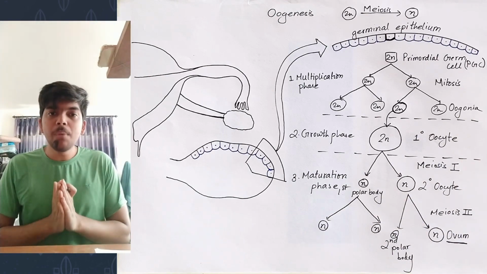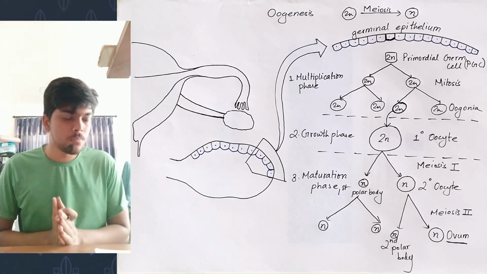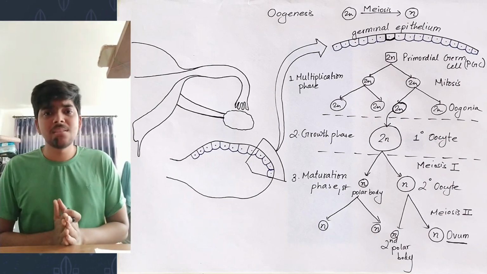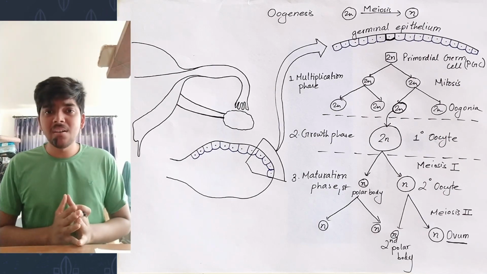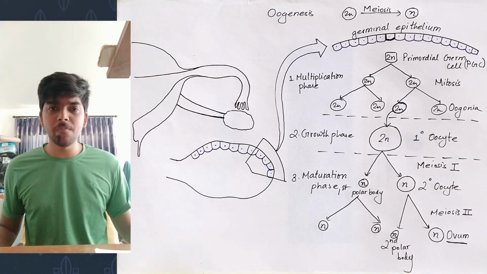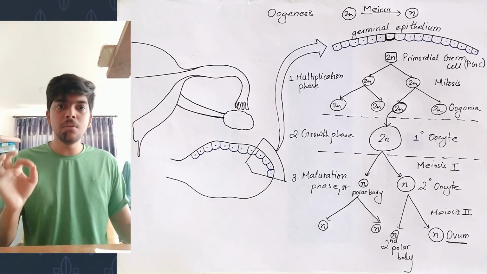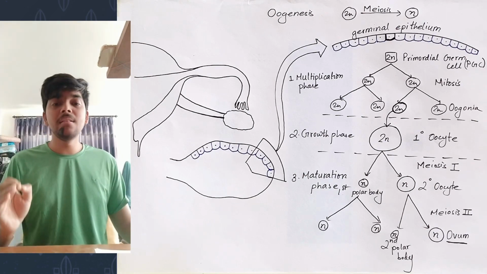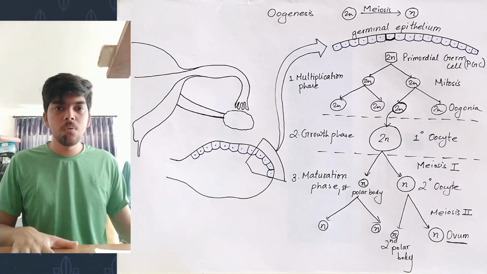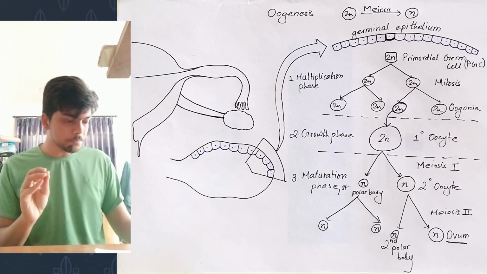However, there are some important stuff that you need to know. The process of oogenesis is not this simple. It contains much more complicated phases. And all these complicated phases, I'll explain to you crystal clear in the next video. But for now, understand this much.